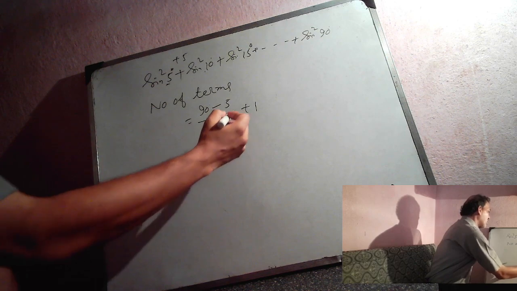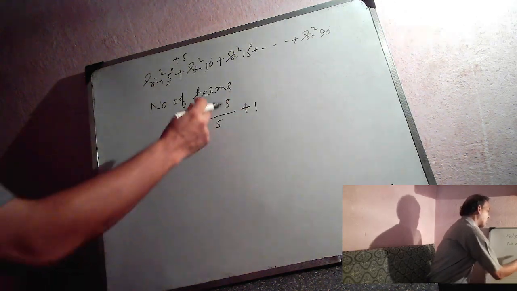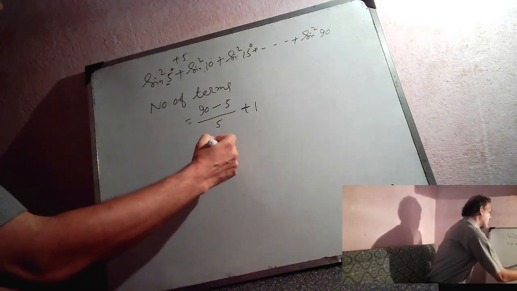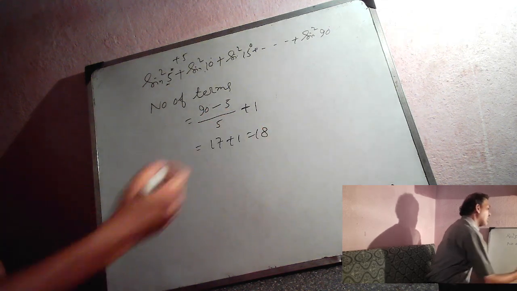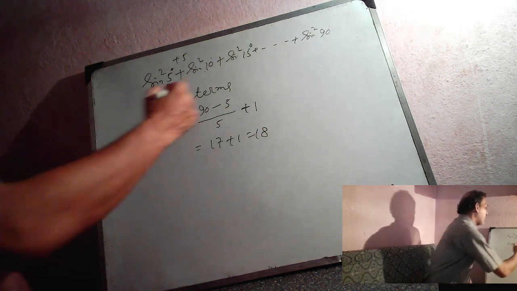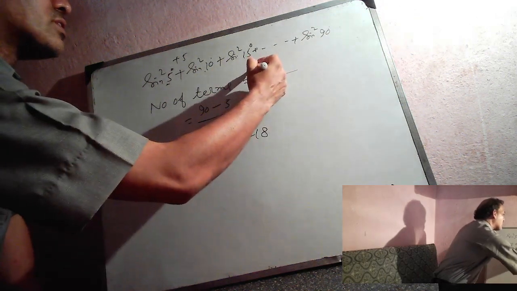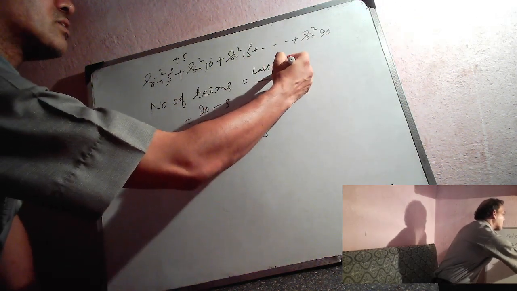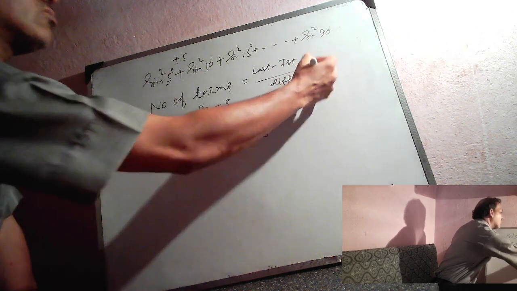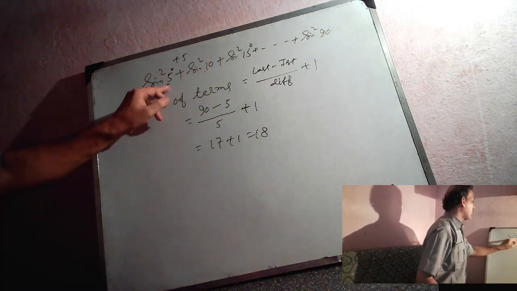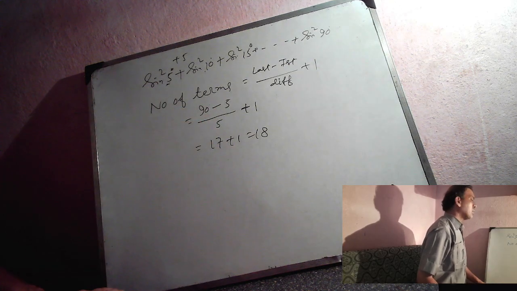That is why we have added 1. 85 by 5 is 17, 17 plus 1 is 18. So there are 18 terms. So to find the number of terms, use last minus first by difference, plus 1. Last 90, first 5, so the number of terms is 18.